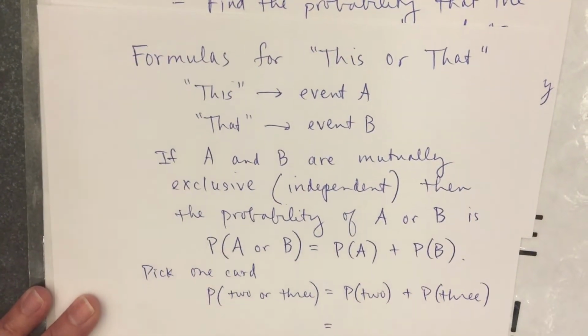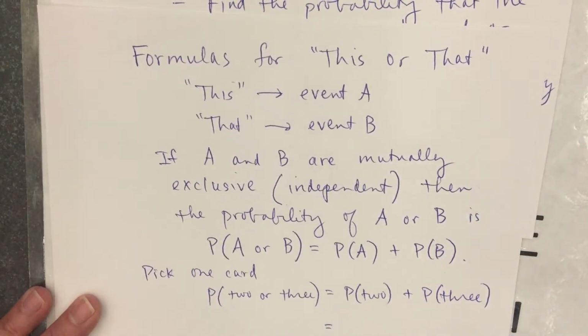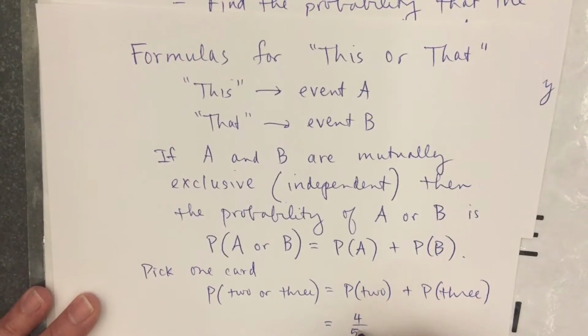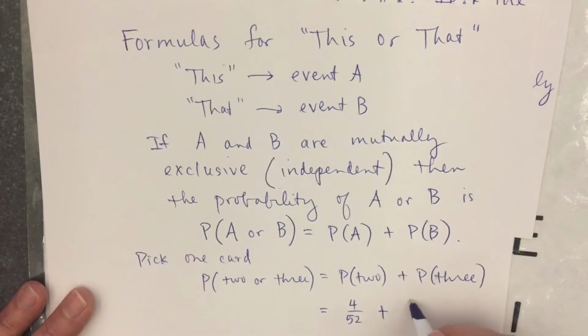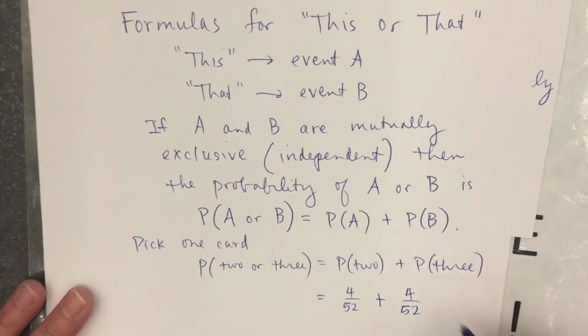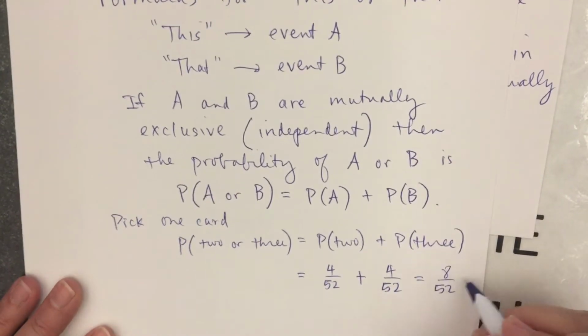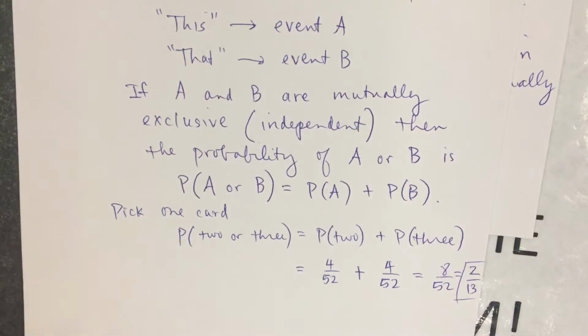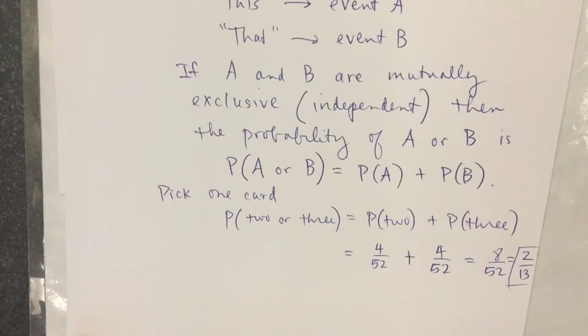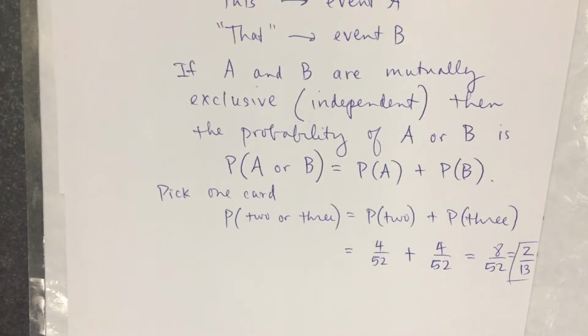The probability of a 2 is 4 over 52, and the probability of a 3 is 4 over 52. So I can just add the 2 fractions, and I get 8 over 52. That does reduce to 2 over 13. So you could do it like that, or you could do what I did a little bit ago: how many 2s, how many 3s, and work it that way.